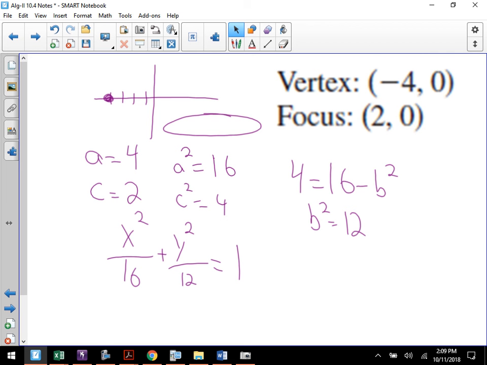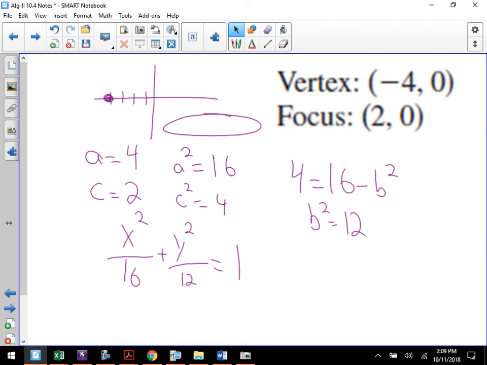Your A squared value is always bigger than B. If A squared is underneath X, it goes left and right. If it's underneath Y, it goes up and down. A is the distance from the center to the vertex. So if it tells me to go -4, that means for a vertex, I moved to the left, so I stretched it left and right.